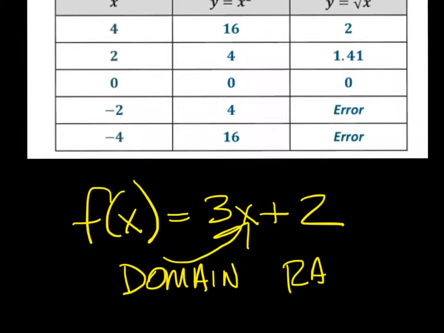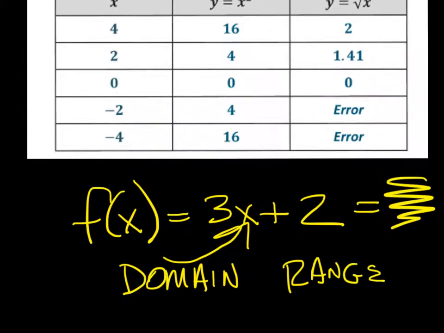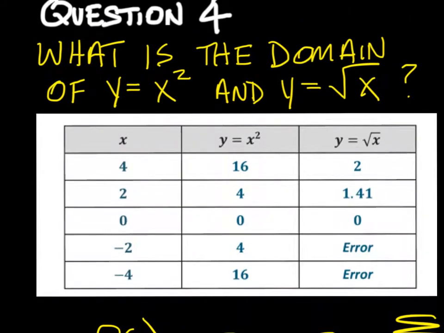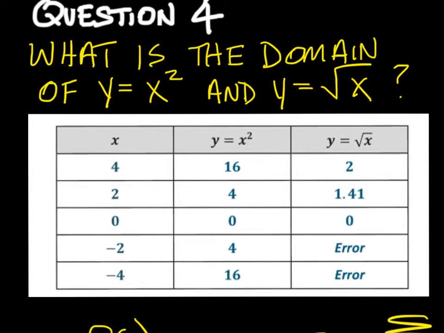The range is the answer that comes out. Domain goes in, range comes out. So is there any limit on the types of numbers that I can put in here for x and square them?